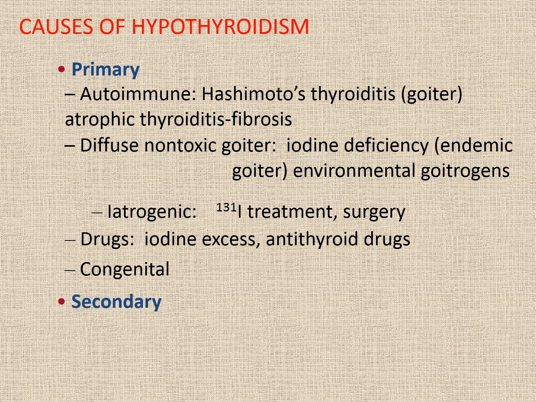Secondary causes, hypopituitarism and hypothalamic disease. So try to remember 2 to 3 causes of primary and secondary causes of hypothyroidism. Clinical feature.